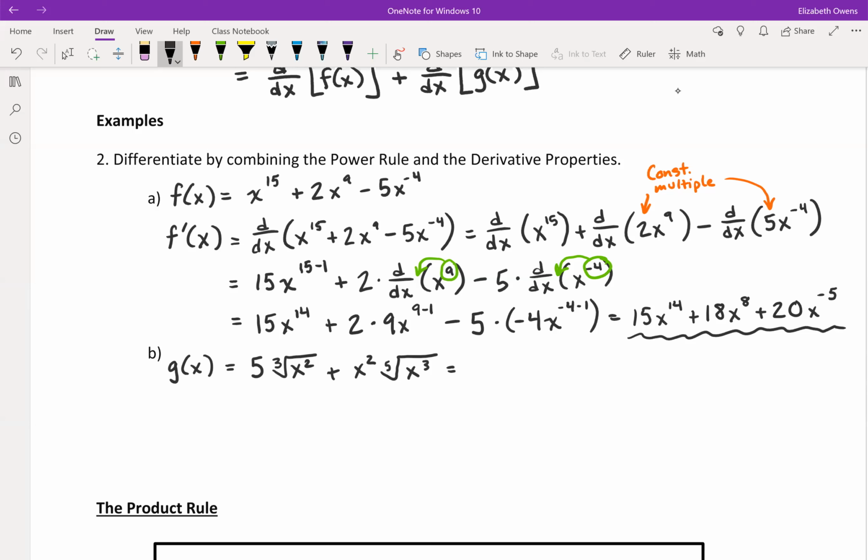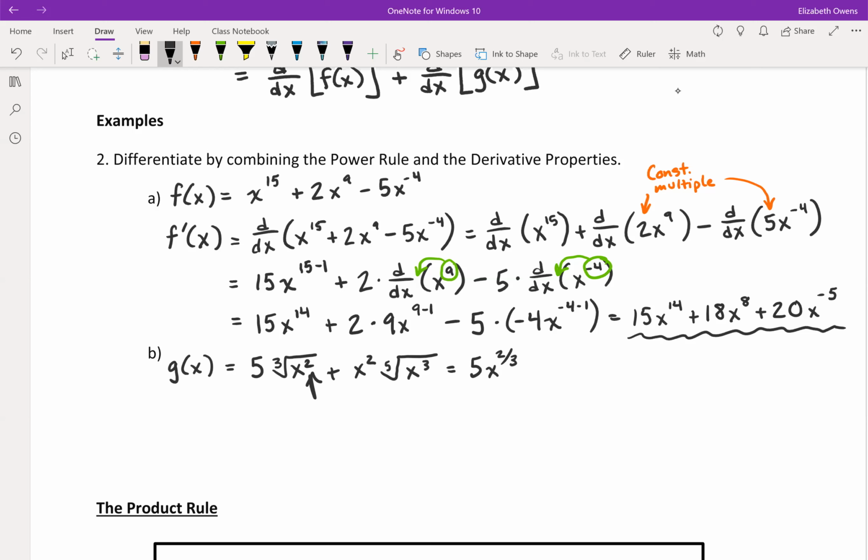So for rewriting this is still just g of x. We're not taking the derivative yet. We're going to switch these radical terms over into rational exponents. So if you need to refresh how to do that, Google rational exponents or look it up in the study plan or email me or talk to me. We can go over it. But this cube root of x squared, for instance, that's going to become an x to the 2/3 power.